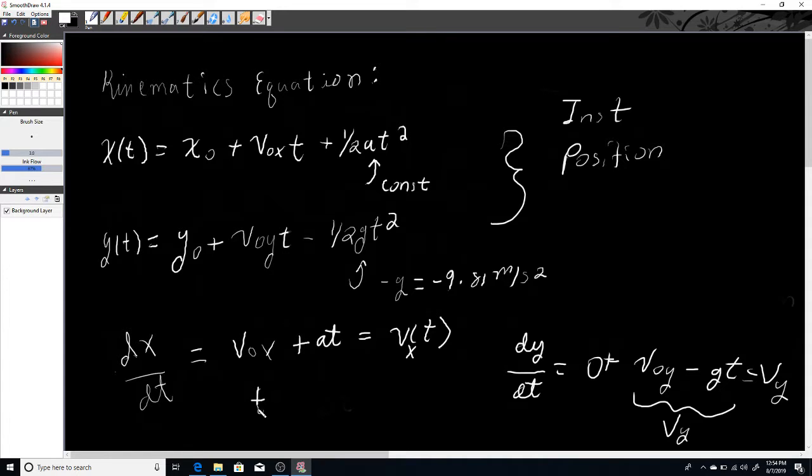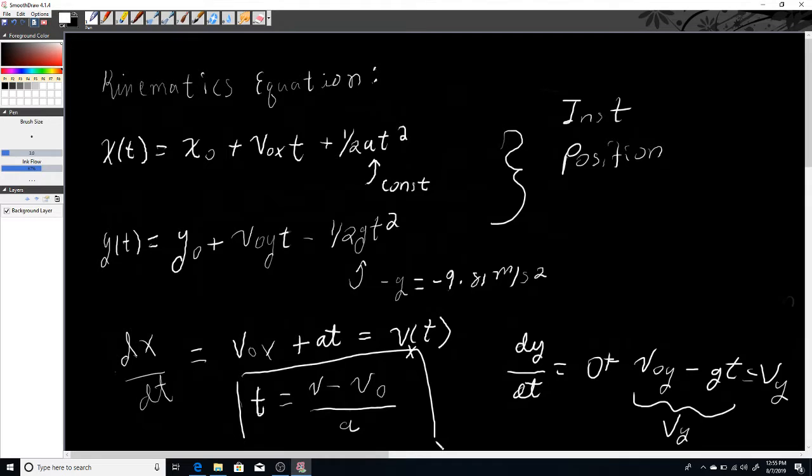The formula for time is equal to, in these two cases, I'll just use a formula in this case, but it's basically the same thing here, v minus v initial over a.